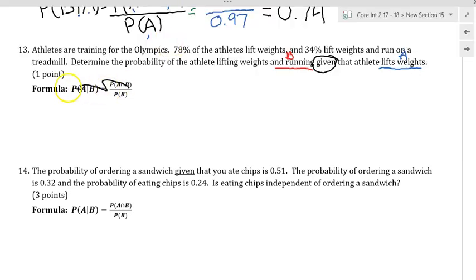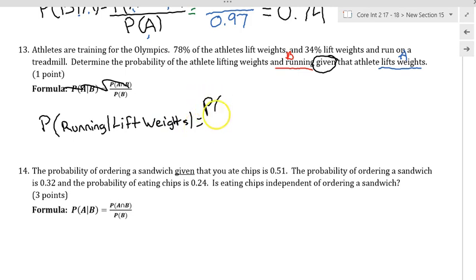So when I'm doing my formula, again, I'm really finding running, given they lift weights. And again, it's the probability of A and B, so lift weights and run, over the probability of A, so over the probability of lift weights.